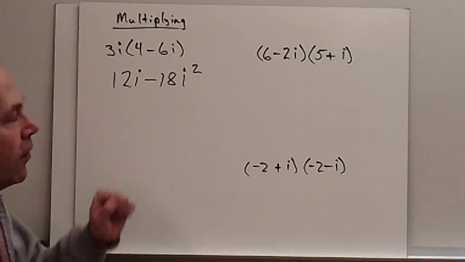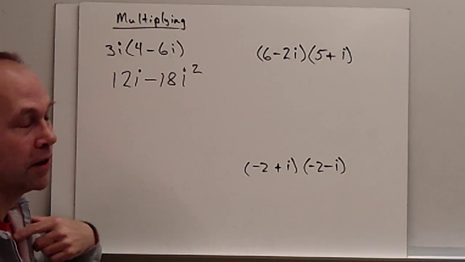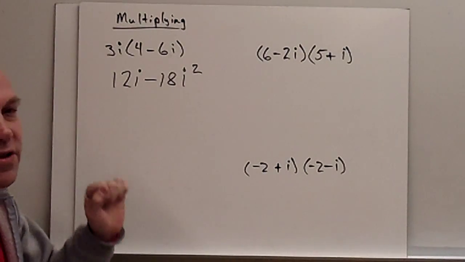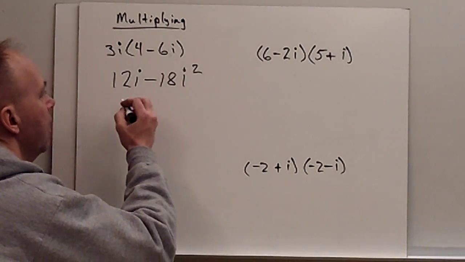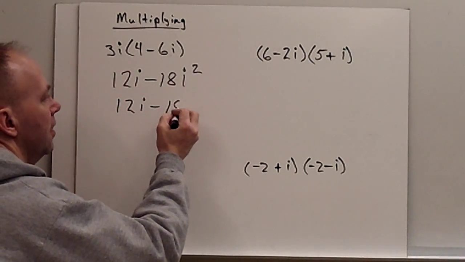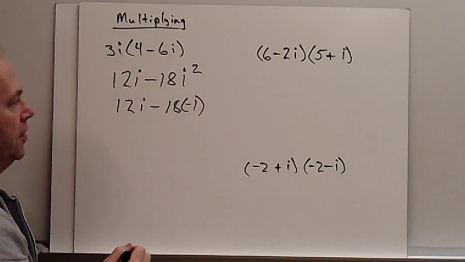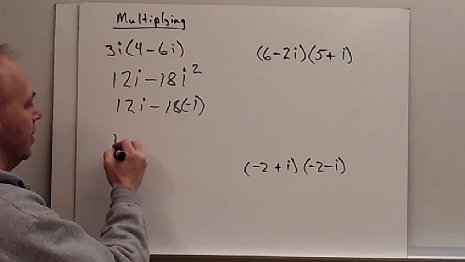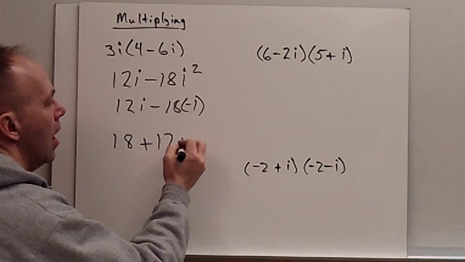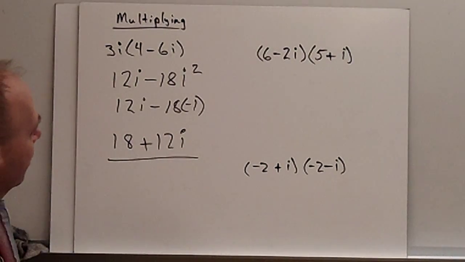Whenever I have a higher power of i, meaning me, not the imaginary unit, I want to simplify that. i squared is negative 1, so I get 12i minus 18 times negative 1. Well, that's going to give me a positive 18, and writing it in standard complex form, I get 18 plus 12i. Did I do all the math right?